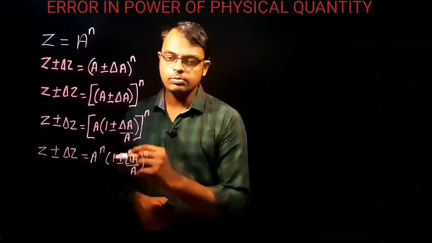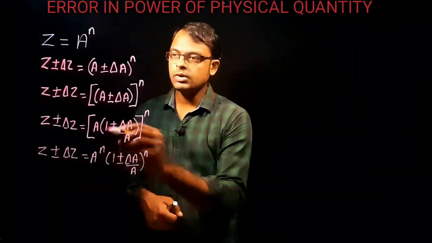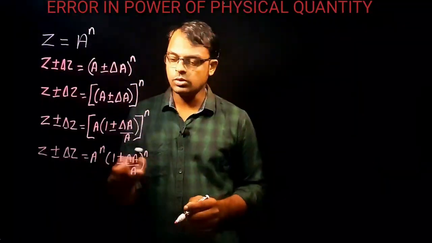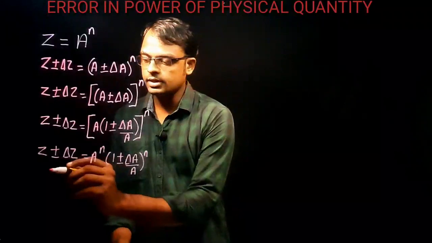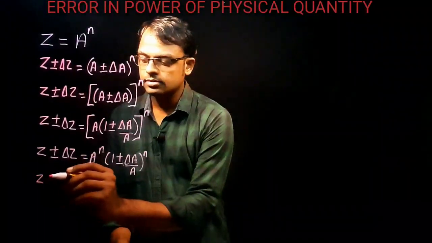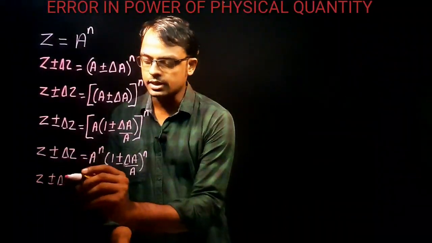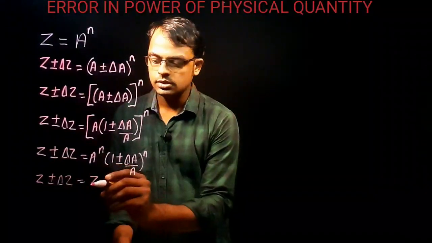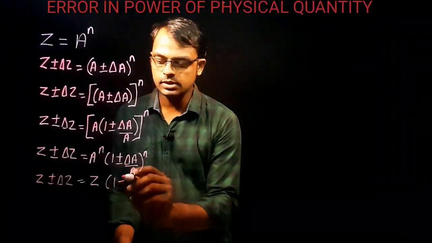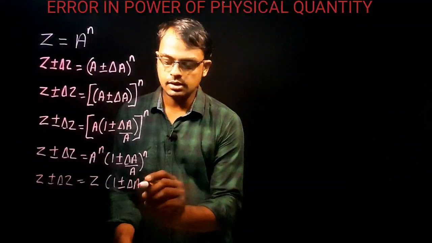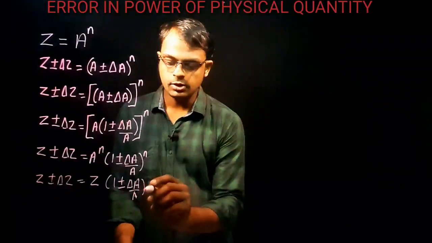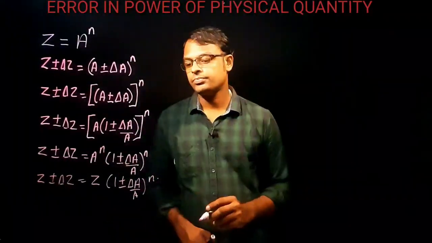Now what is a to the power n? A to the power n is equal to z. That's why we wrote it like this. So we can write z plus or minus delta z is equal to z into 1 plus or minus delta a divided by a, all to the power n.